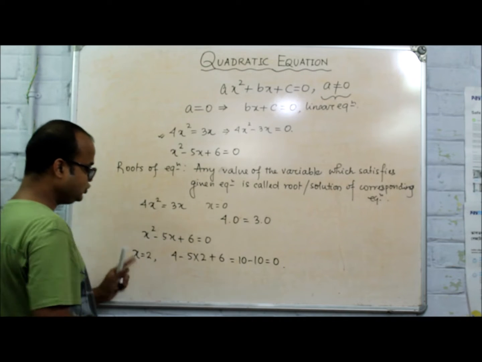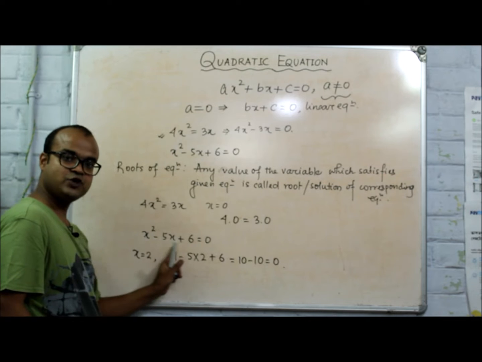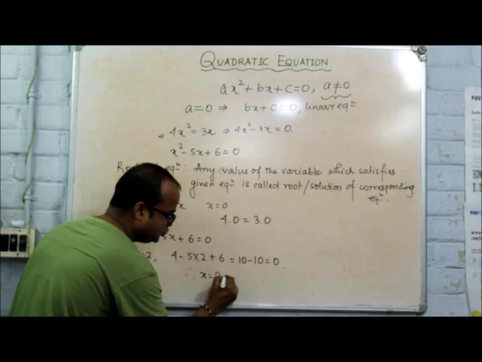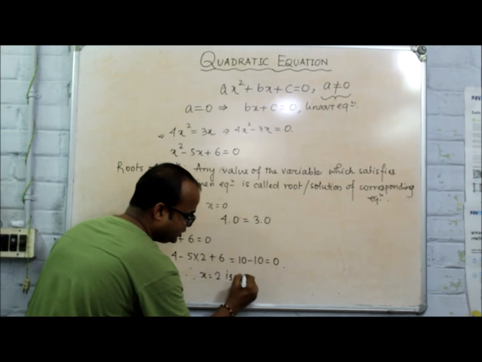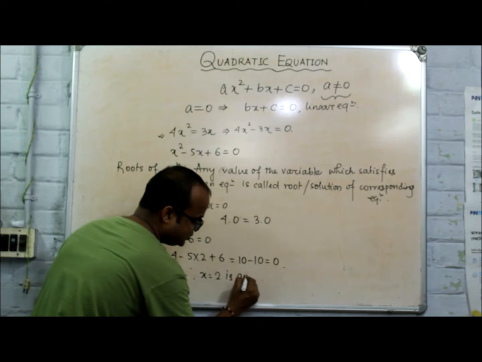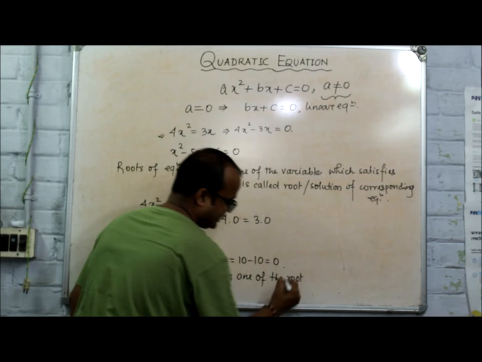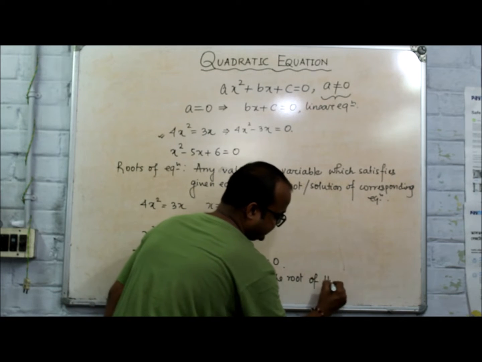So, x is equal to 2 satisfies this equation. So, we can say that x is equal to 2 is one of the roots of the quadratic equation.